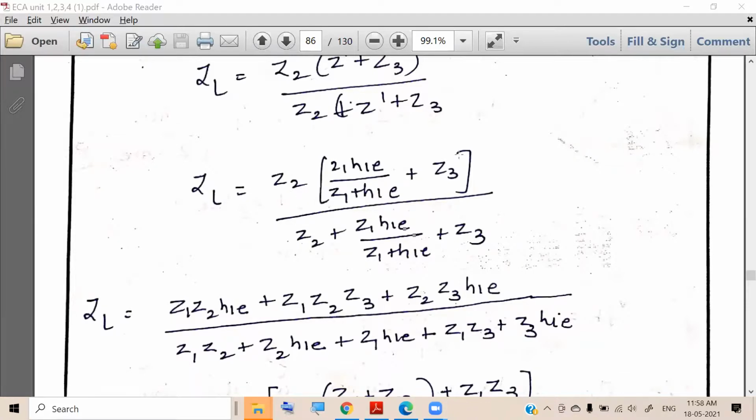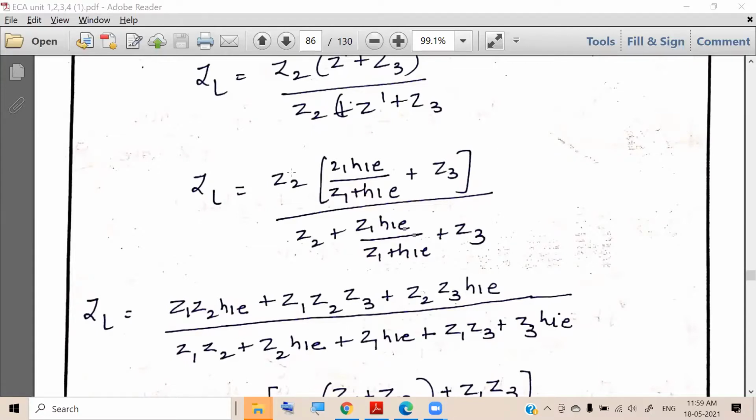First, multiplying the numerator term with Z1 plus HIE: in the first term, Z1 plus HIE and Z1 plus HIE will cancel. So Z1, Z2, HIE will remain. Second term, multiplying with Z1 plus HIE: first the Z2, Z3 multiplied with Z1 plus HIE.